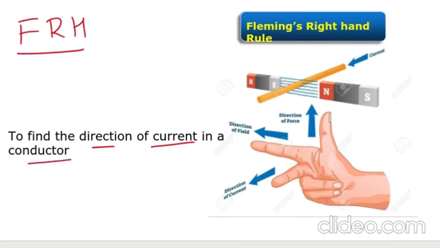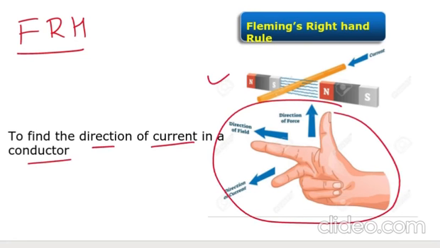How? When you have your entire circuit going on, you make your fingers look like this. Thumb shows the direction of force. First finger shows the direction of the field, and the middle finger shows the direction of current. So direction of force, field, and current are shown by these three fingers, but on your right hand.